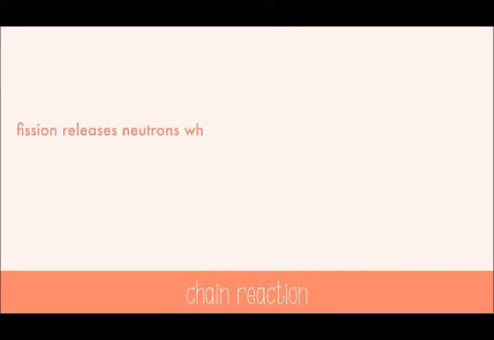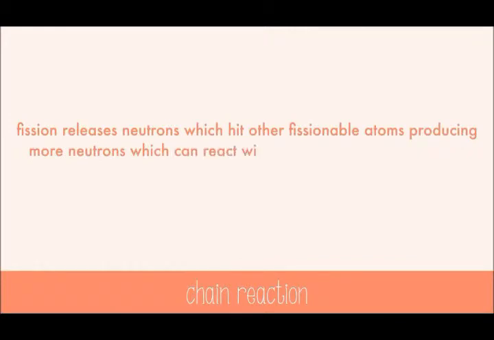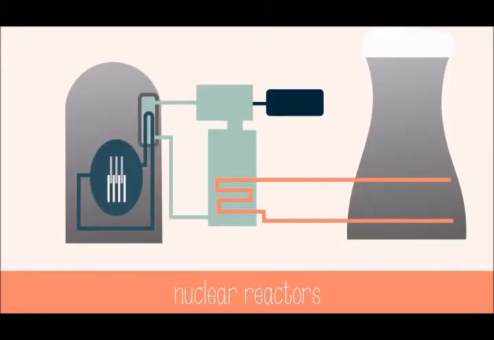The chain reaction is where fission really shines. We can harness the energy released from fission much more easily than harnessing fusion's energy. Nuclear reactors are the heart and soul of nuclear power plants. We use controlled ignition in fuel rods that are cooled by a coolant fluid, usually water.